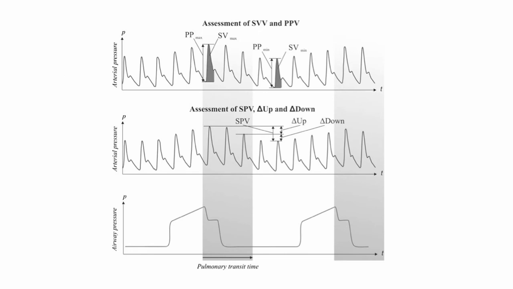So that's sort of displayed in this picture here. The top two traces are both the same. They're just highlighting different things, which we'll talk about in a second. But you've got the arterial trace there, and at the bottom it shows you where the positive pressure ventilation happens. As the ventilation starts, the blood is squeezed out of the lungs and delivered to the left side.